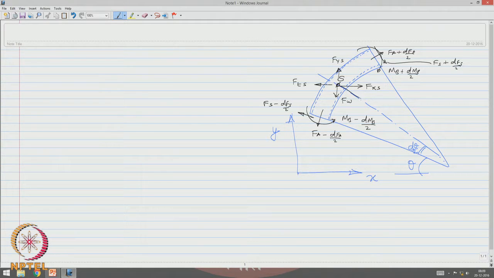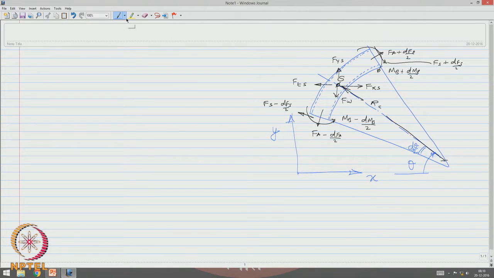Then the center value is the radius of curvature of the strip. Theta actually measures to the center, this is theta.